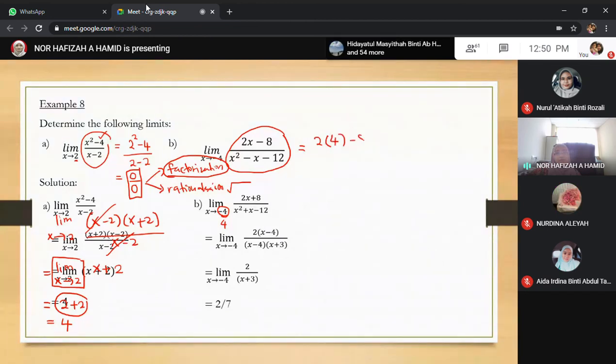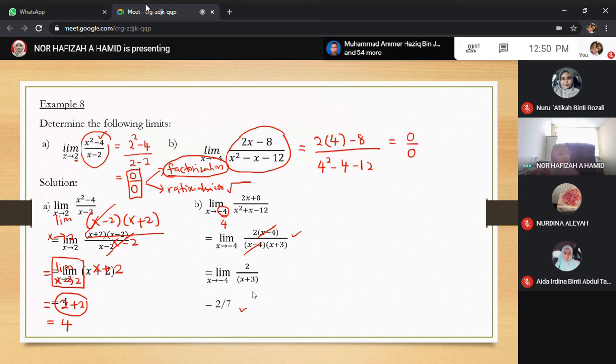So 4 minus 8 over with 4 square minus 4 minus 12. So you have 0 over 0. So 0 over 0, next you use factorization technique. So you factor and then you cancel the common factor. So you left with 2 over x plus 3. Then substitute value, you have 2 over 7. Okay, so ni for example A.